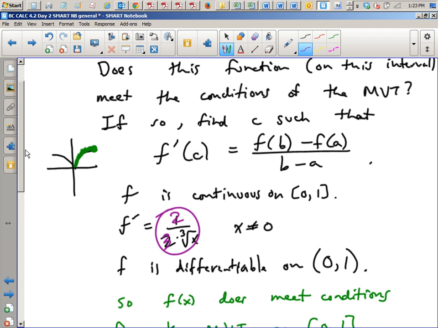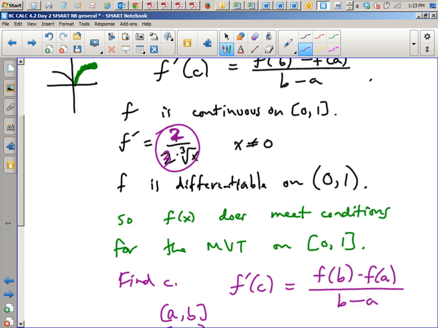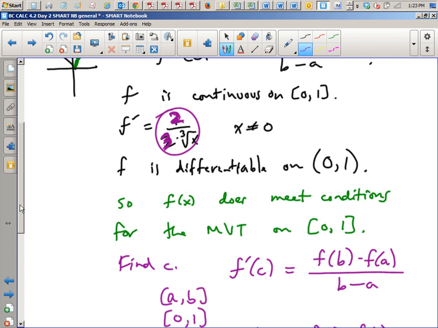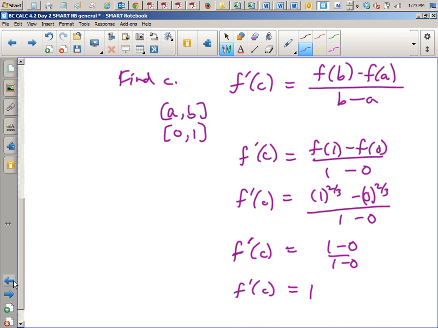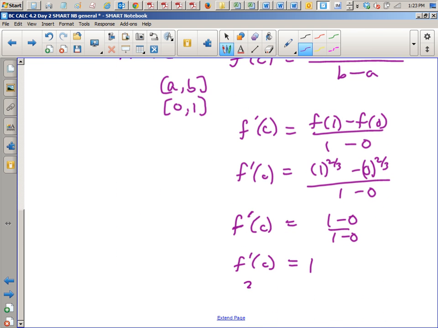Did I mess that up here? Yes, I did. It's 2 over 3 cube root x. You're right. So that means that this left side is really 2 over 3 cube root of c equals 1. That's what it means. So don't forget about the left side. That's your derivative with c plugged in.